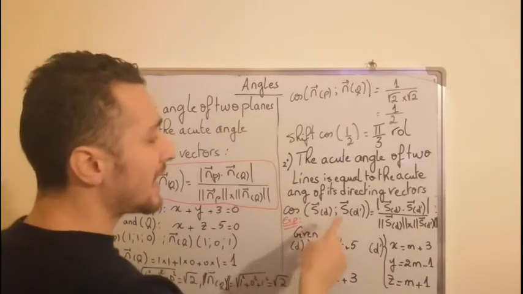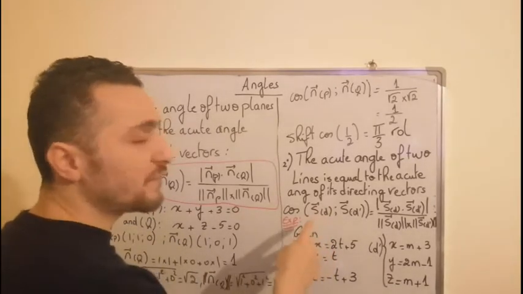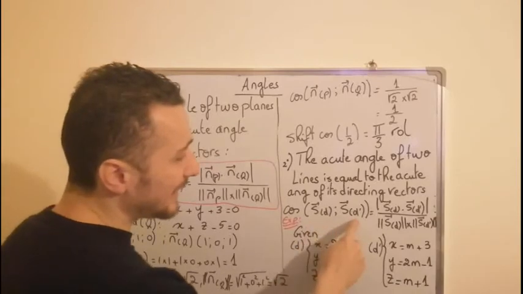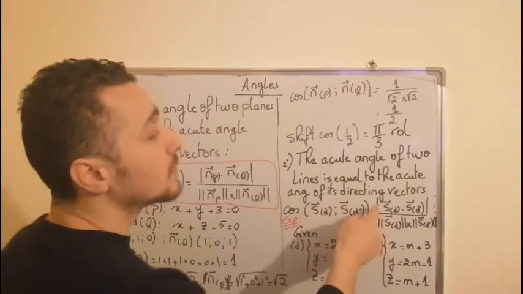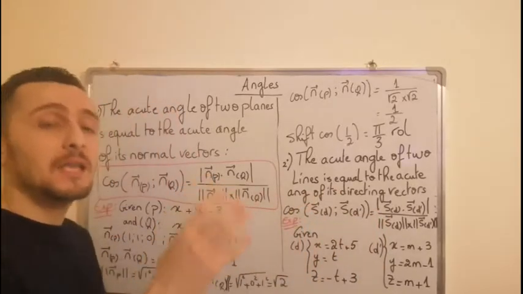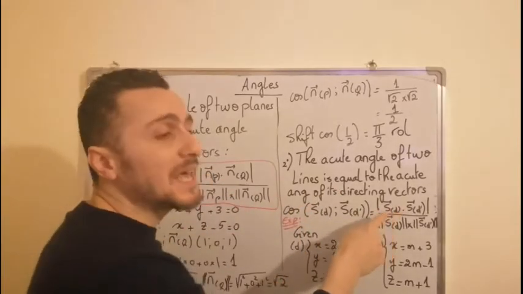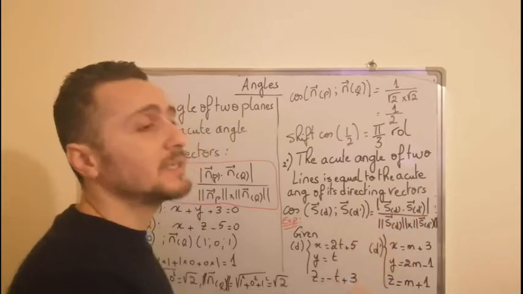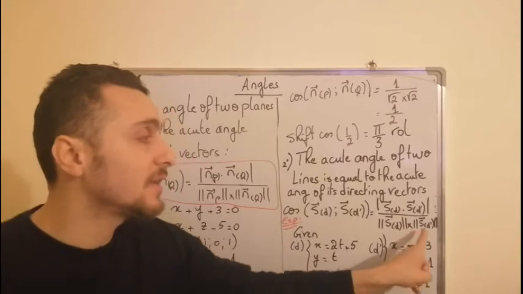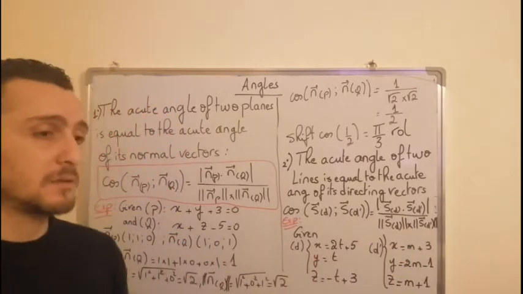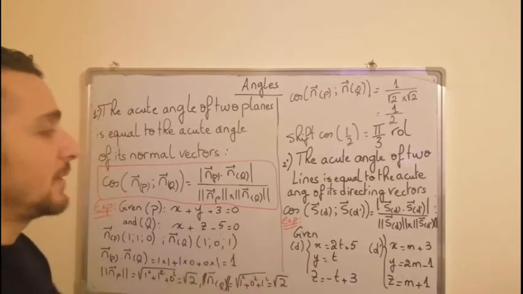So cosine of the angle formed by the directing vectors of these two straight lines is equal to the absolute value of the scalar product divided by the magnitude of the first times the magnitude of the second. Okay, example.